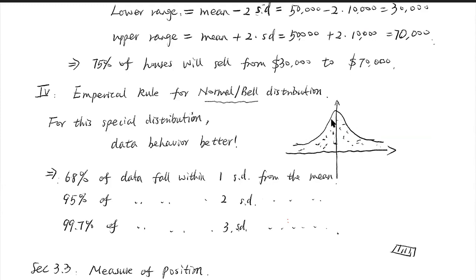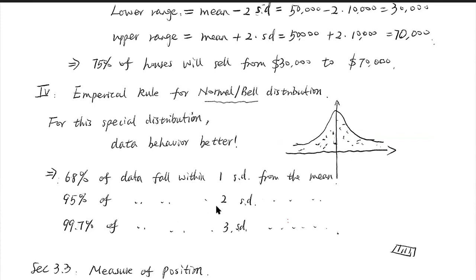It's more centralized, right? You will see more data points in the middle. Later on, we will spend more time to study this. We call this normal distribution, or you call this bell distribution. Those are more centralized.